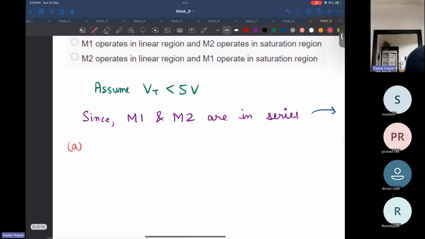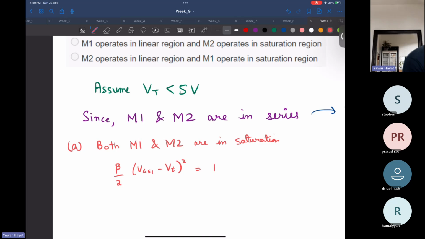Let's write now. Both M1 and M2 are in saturation. So I'll write beta by 2, your VGS1 minus VT squared, is equal to beta by 2, your VG2 minus VT.